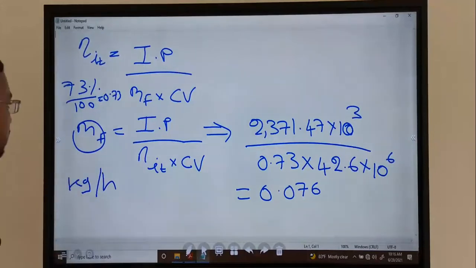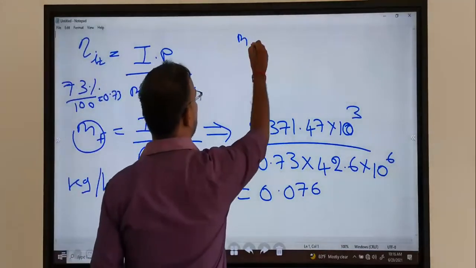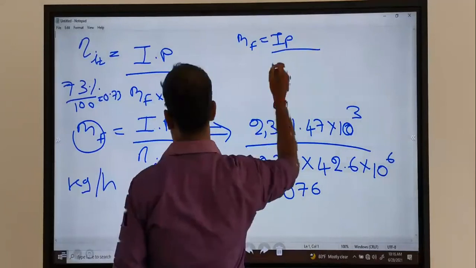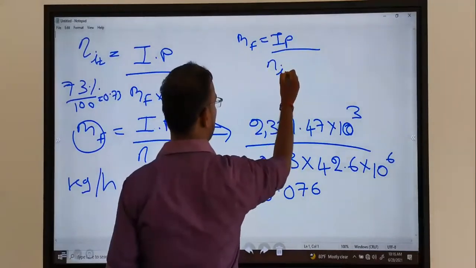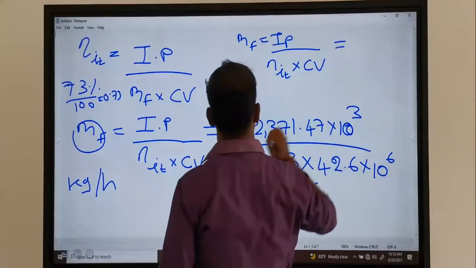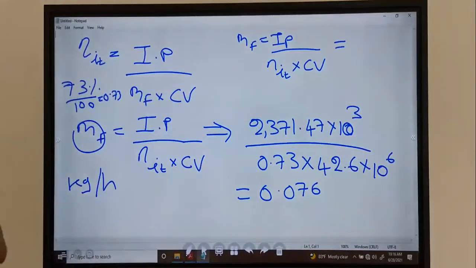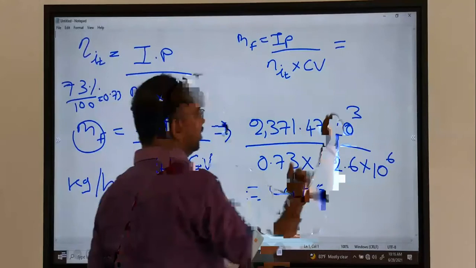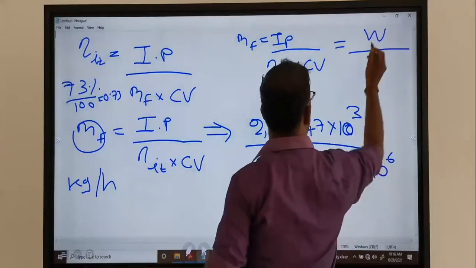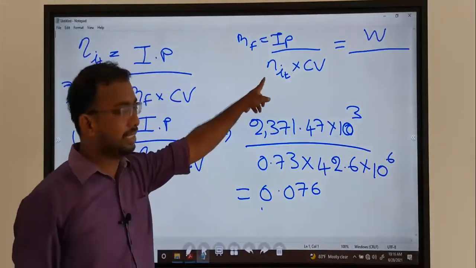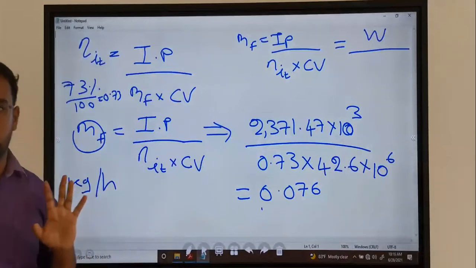MF equals indicated power over efficiency and CV. What is the unit of indicated power? That is kilowatt or watt, so here we put watt. Thermal efficiency is a number, it doesn't have any unit.